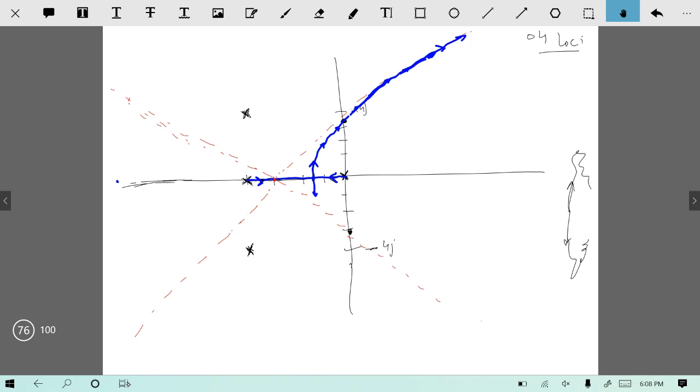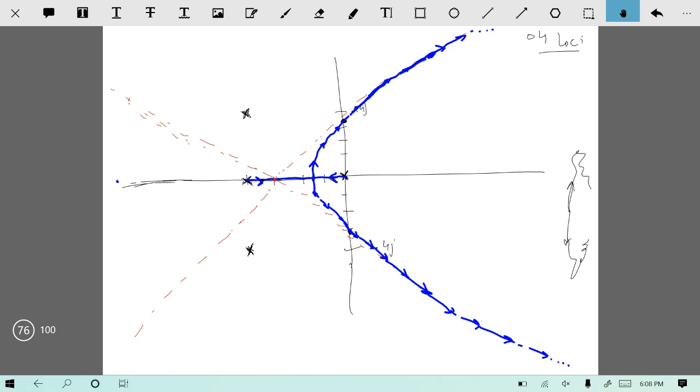It will cross the j omega axis at this point, and then it will coincide with this asymptote and go to infinity via this path.